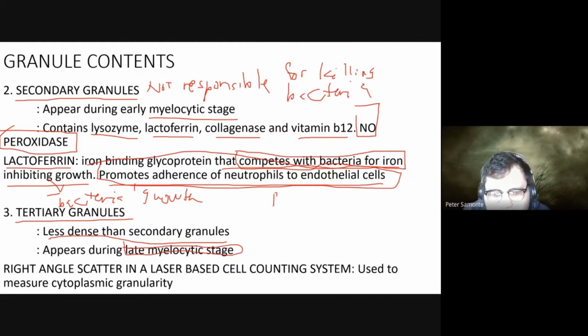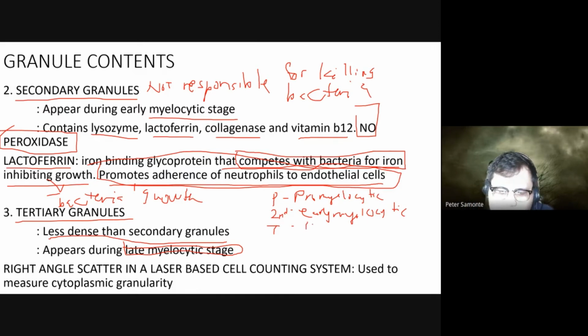So we have your primary in the promyelocytic, your secondary in the early myelocytic, and your tertiary seen in the late myelocytic stage.